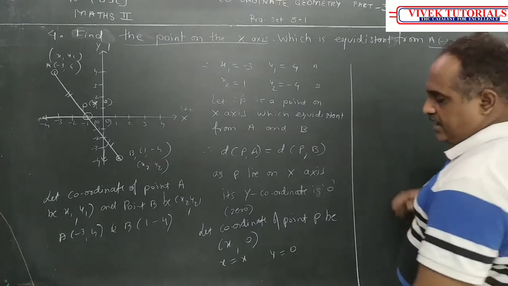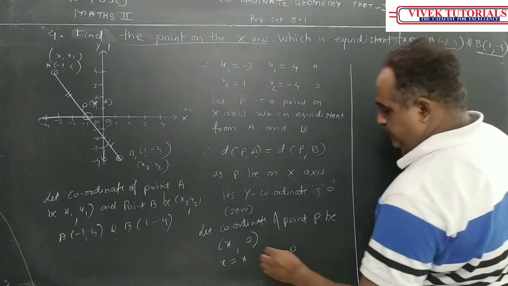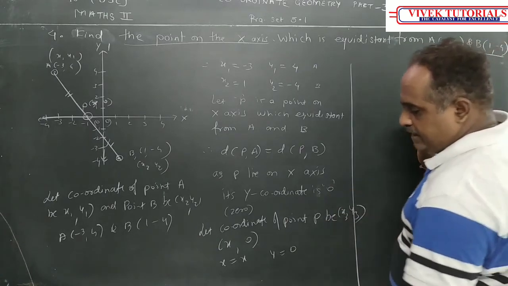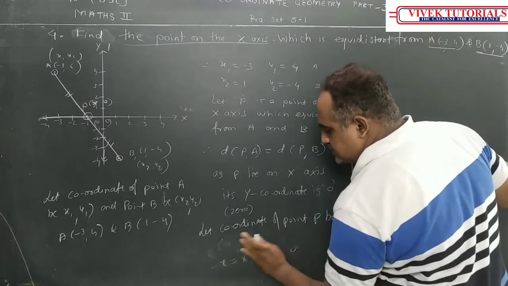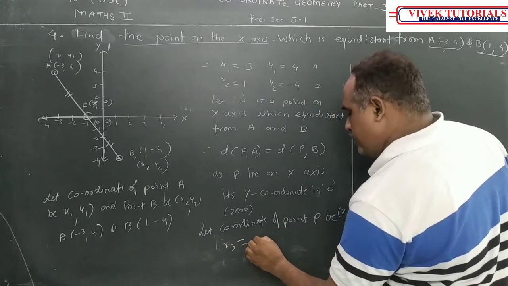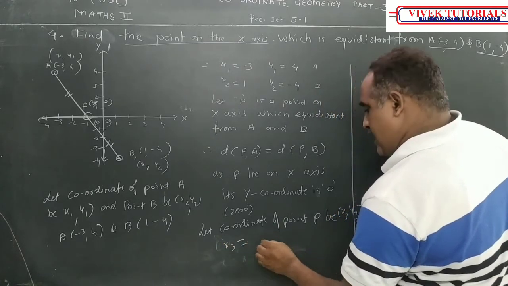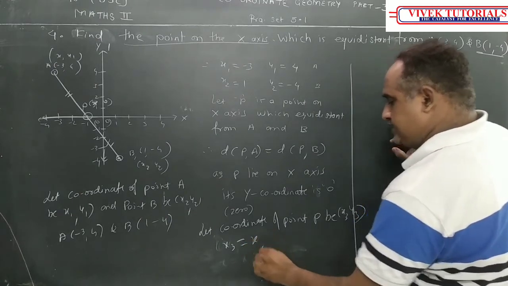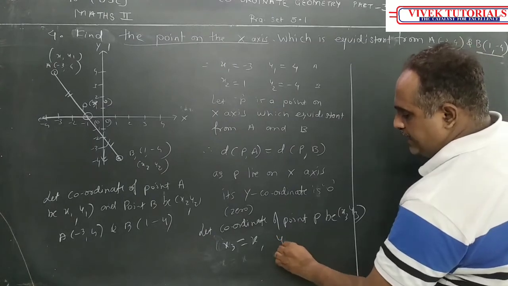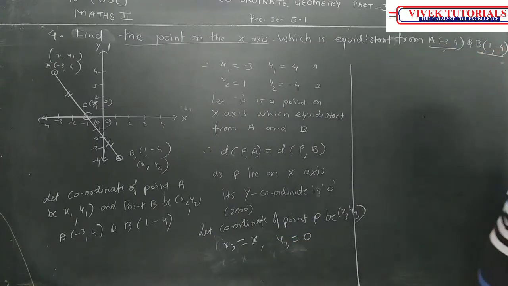So we can write it as x3, y3. So we can take it like this. x3 is equal to x and y3 is equal to 0. Have you understood this now?